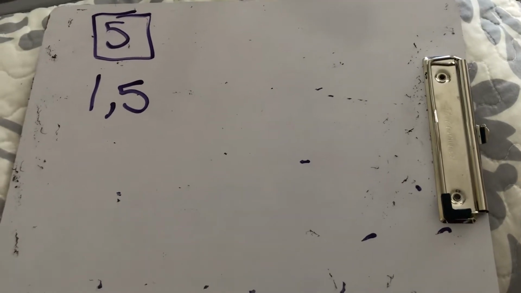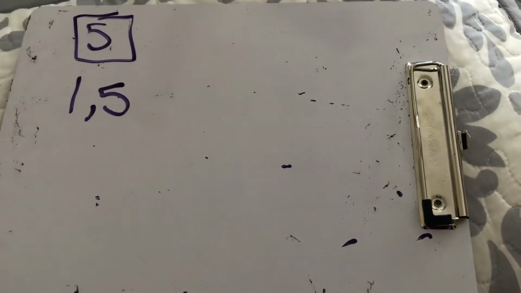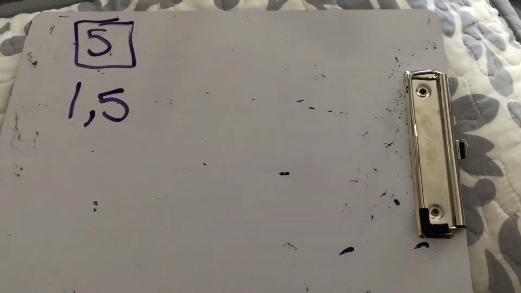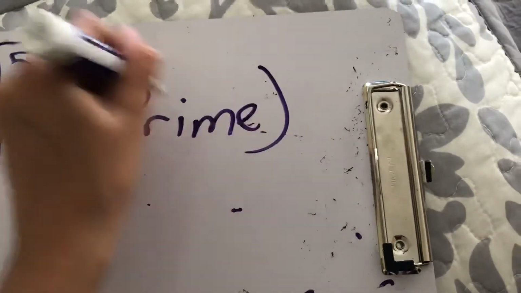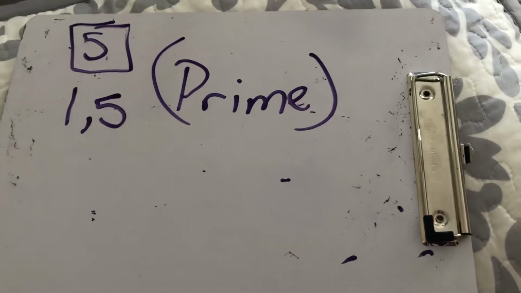It only has 2 factors. Those 2 factors are 1 and itself. Anytime a multiple has factors of only 1 and itself, it's considered prime. Okay? It is only divisible by 1 and itself.